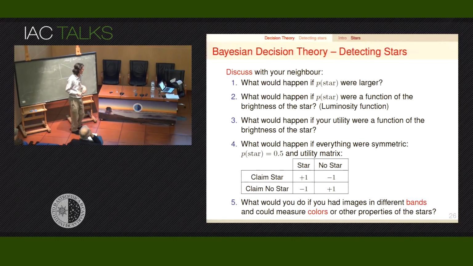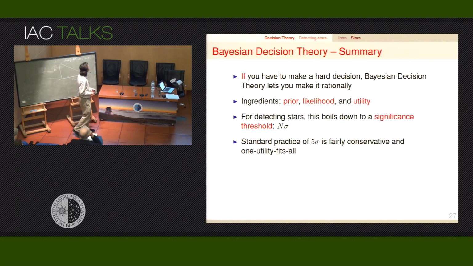If you detect polarization of the CMB or something, then that's good. So that would let you make decisions driven by your goals rather than just simple sigma cuts and catalogs. Anyway, this is my dreaming, I guess.